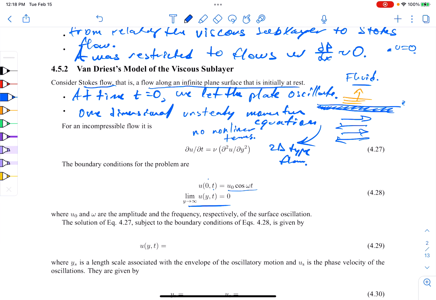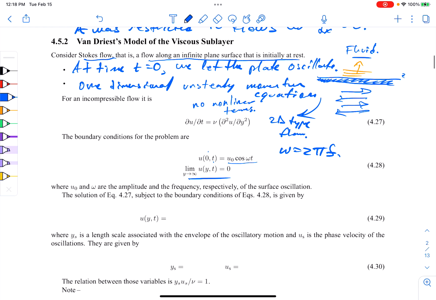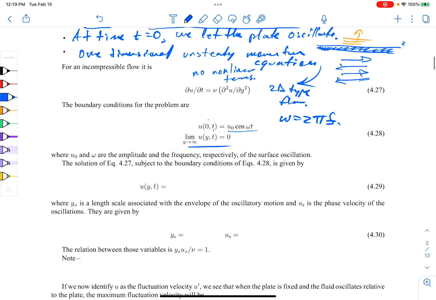So now we have our wall, and we're letting it wiggle back and forth at frequency omega. u naught is the amplitude of the wall fluctuation, which would be pretty small. It has to be a small oscillation, or else the nonlinear terms are going to be significant.